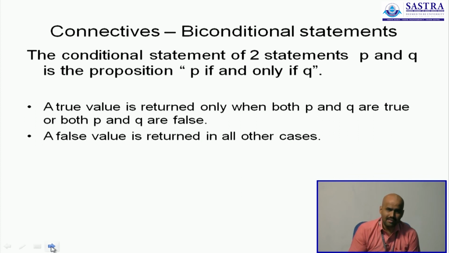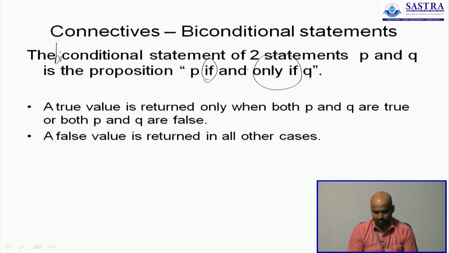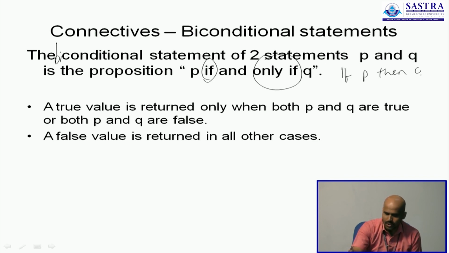If you look at the formal definition on your screen, the biconditional statement of two statements P and Q is the proposition that is given by P if and only if Q. If we had only this, if P then Q, that's what you call a conditional. That's a one-way conditional, a conditional whose hypothesis is P but consequence is Q.